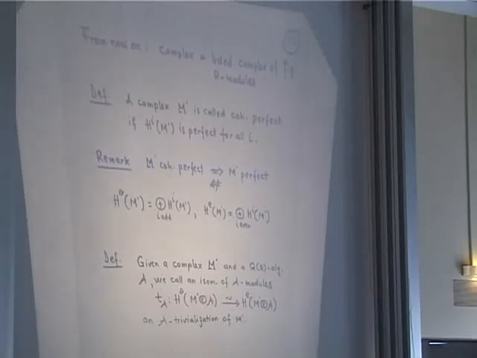So this can happen. For example, H odd over R may not be isomorphic to H even over R, but if you tensor with a big enough ring, then you may get an isomorphism. If you get such an isomorphism, then you call that a trivialization over this big ring of the original complex. I'll show you examples in just a moment, examples which come from number theory, actually.